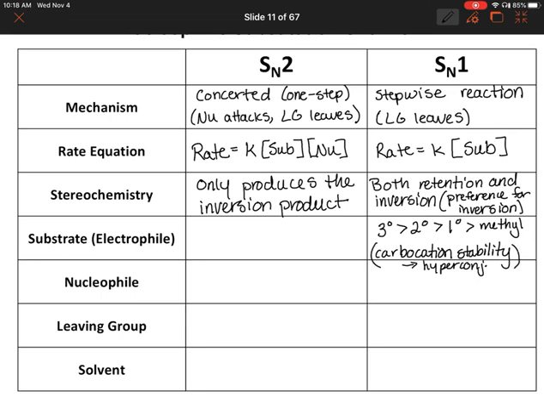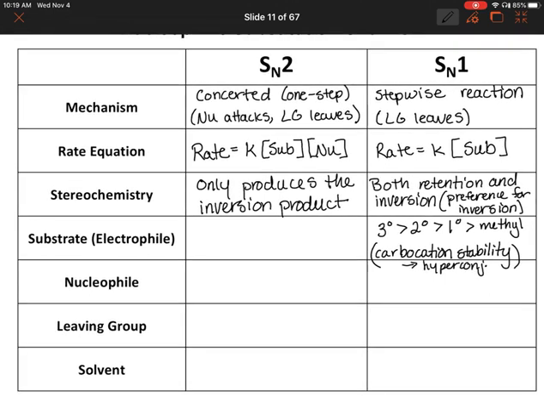Okay. Now, SN2, on the other hand, is the opposite, because remember, the nucleophile attacks at the same time that the leaving group leaves. So we want the electrophile, or the substrate, to be less bulky in order for the nucleophile to attack easily. So we're actually going to flip our order here.